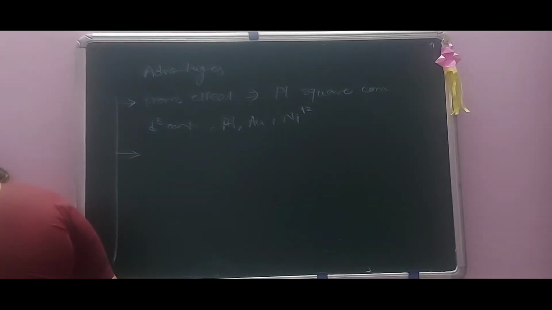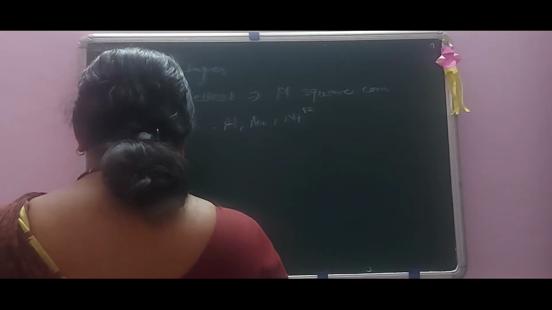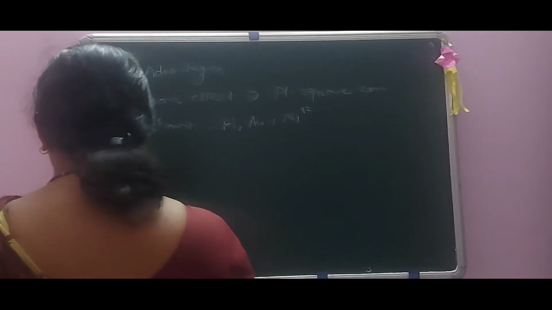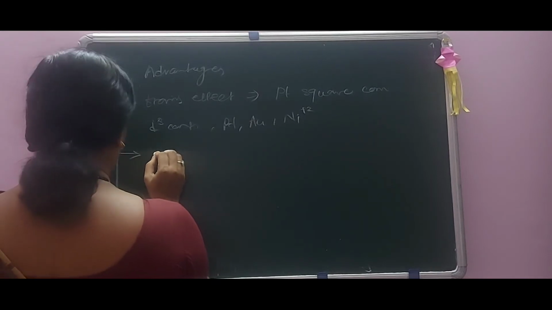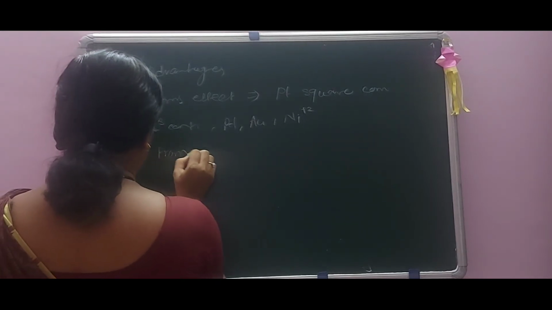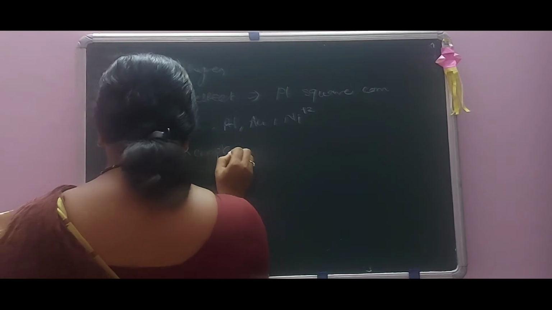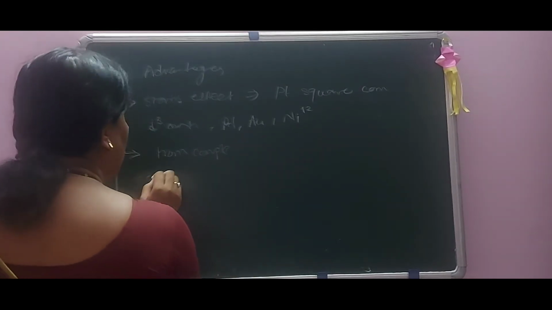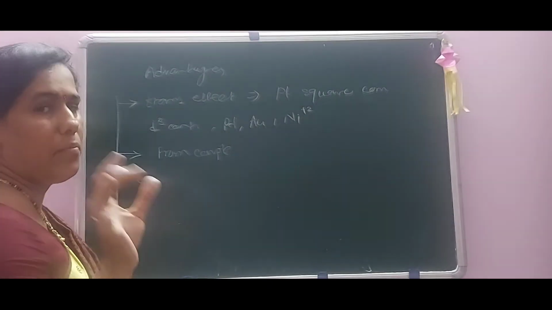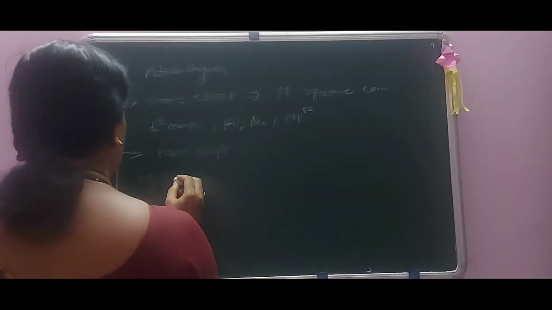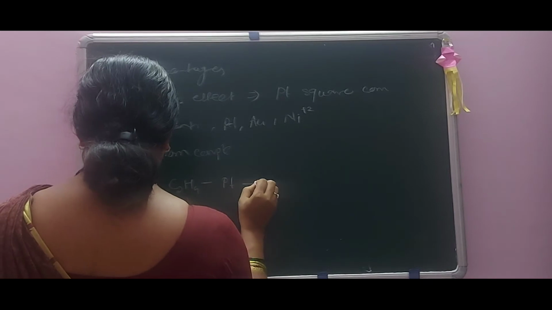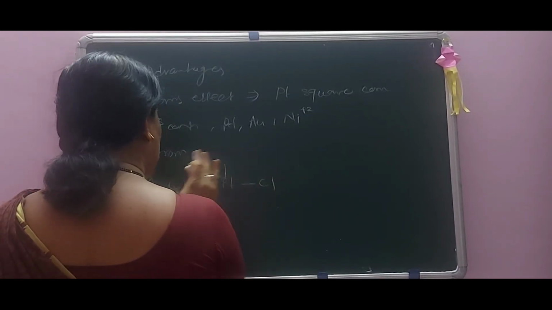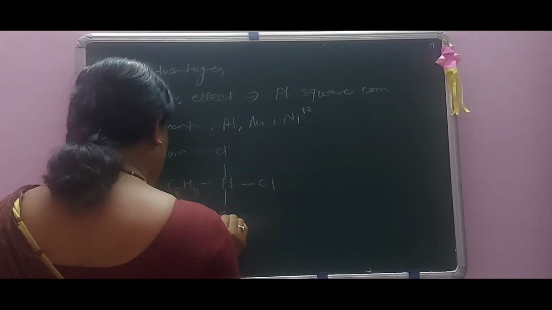Now the second advantage is that it follows from the structures of the complexes. For example, the distances, how the bond lengths are elongated or shortened. For example, C2H4, platinum, Cl, here also a Cl.